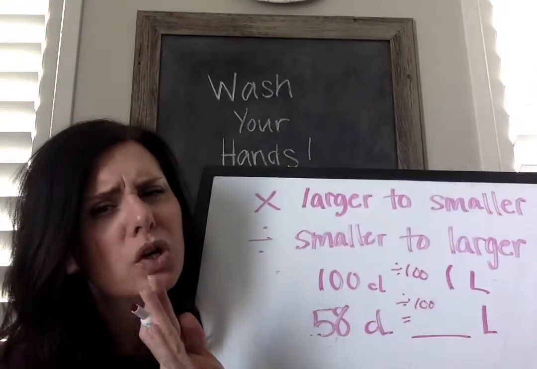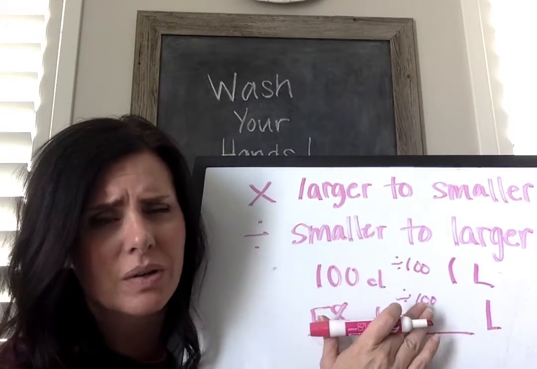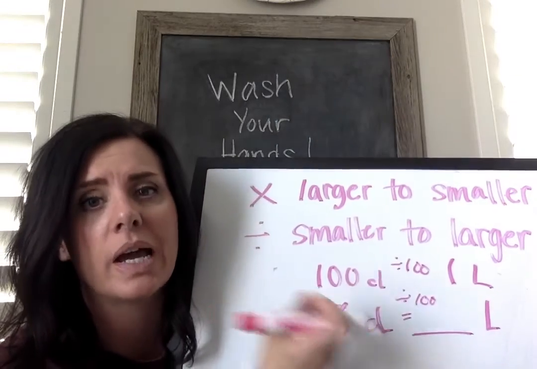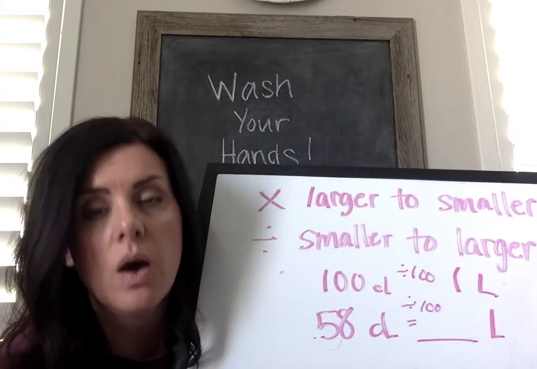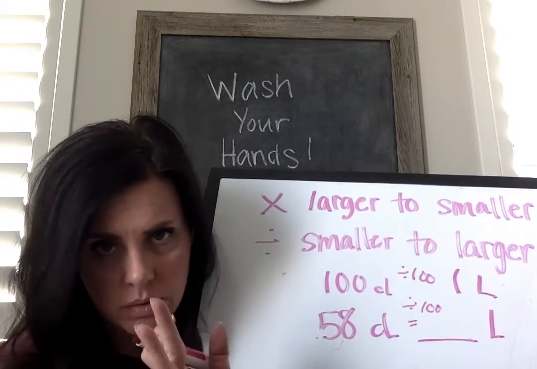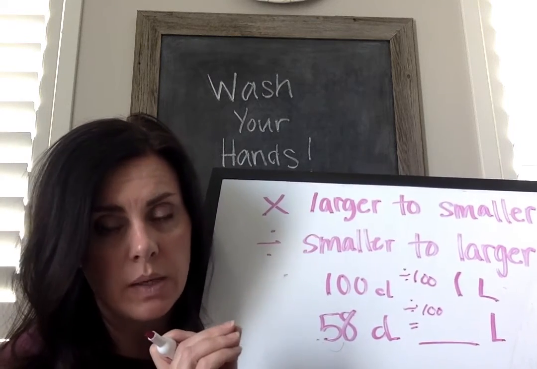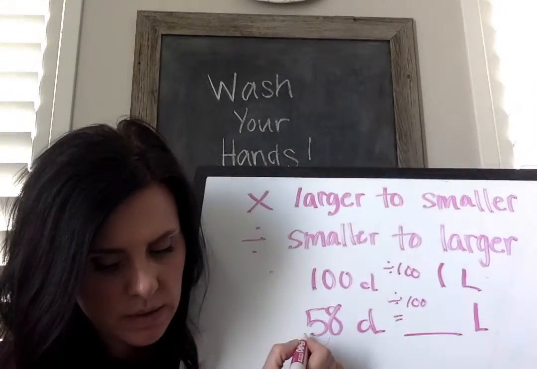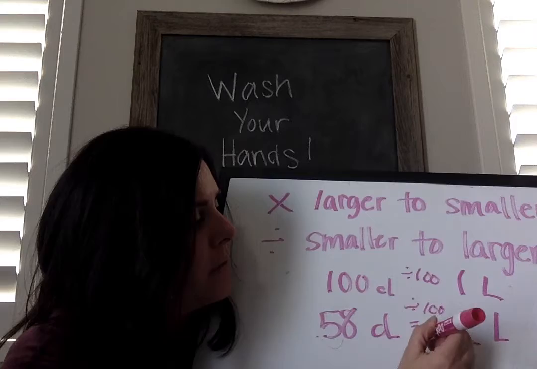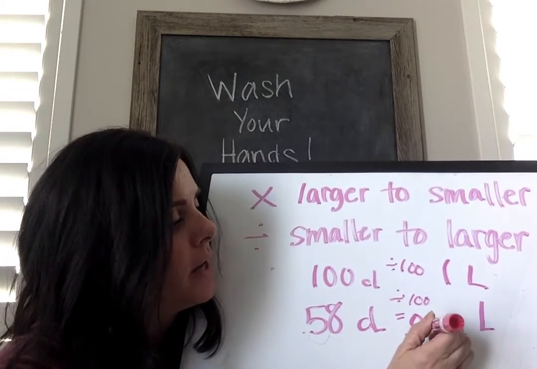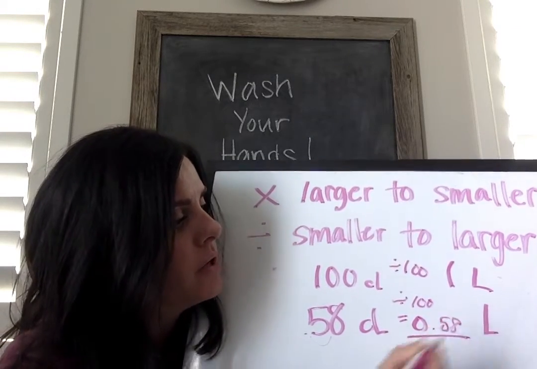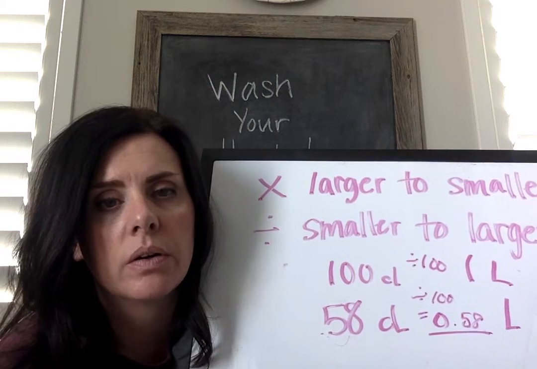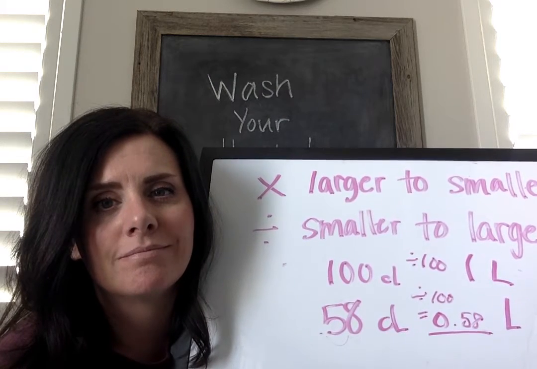And that only works when I'm working with whole numbers or these really awesome numbers like 100 or 10 or 1,000. It doesn't work every other time. It's just when I'm ending with zeros, right? Okay. So I move that over 2 spots. I use my good math manners and start with a 0, and I've got 0 and 58 hundredths of a liter. Okay.